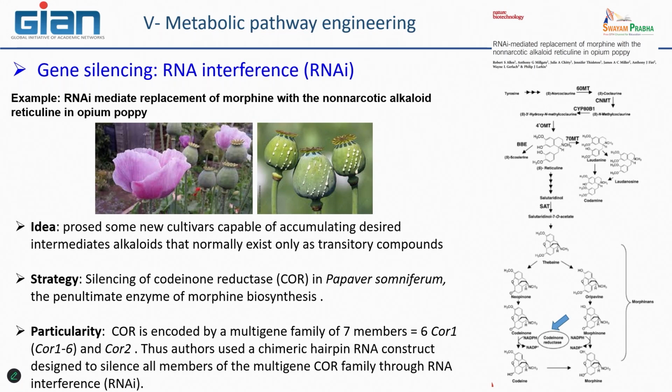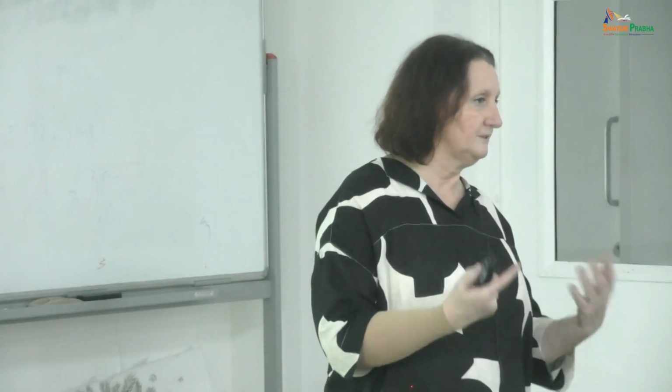But the problem is that this enzyme is a codeinone reductase named COR. There are lots of copies of the gene, isogenes, in the genome of the plant. So which of these copies will be the best one? It's impossible to decipher.